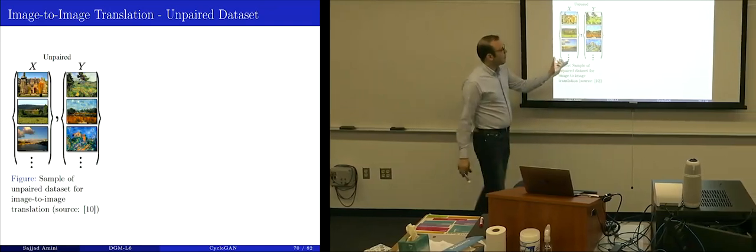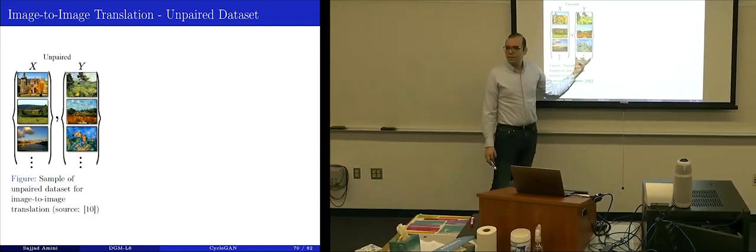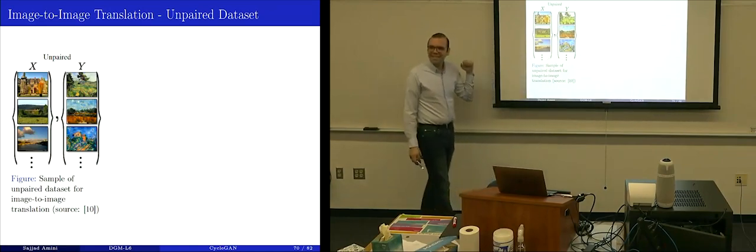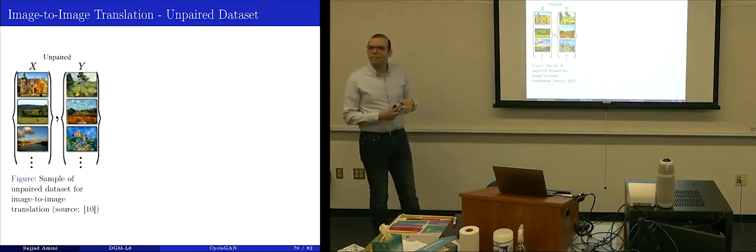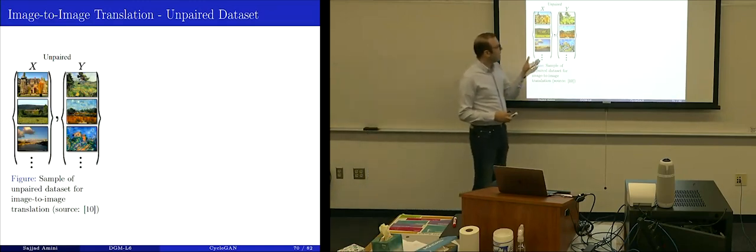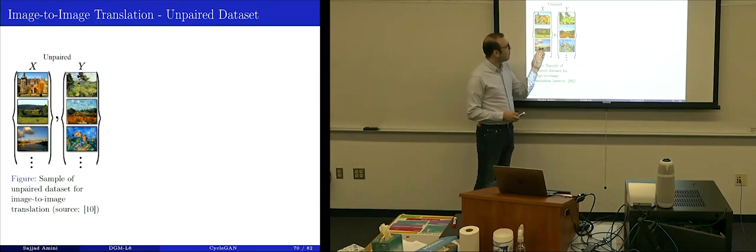You have a data set of paintings of these two people. You want to find a mapping that, when given a painting coming from X, generates something from Y.